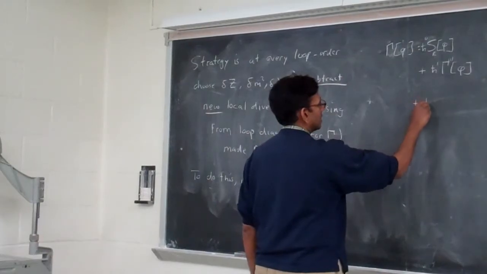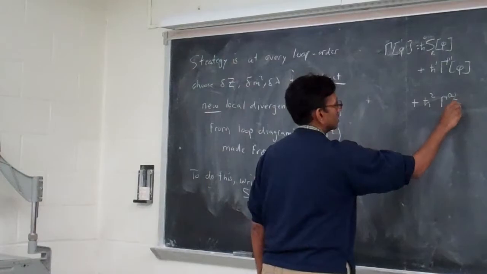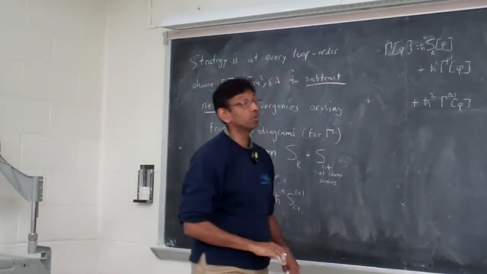But then there's h bar squared terms where I calculate the order h bar squared, I calculate the two loop effective action.